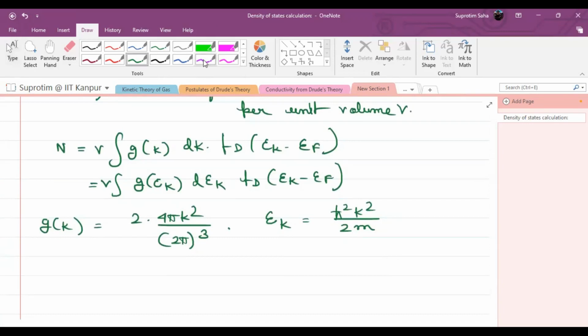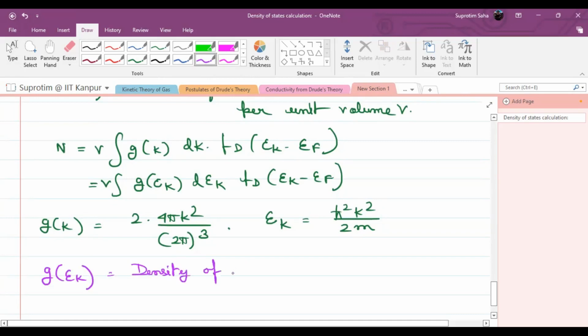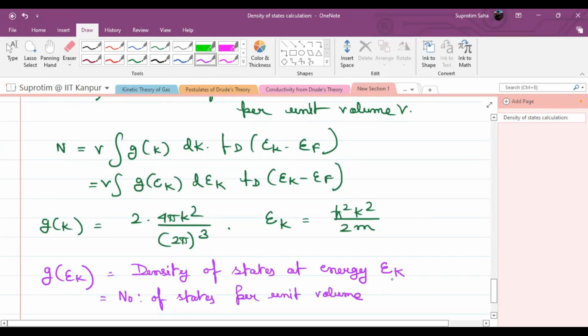So formally, I should write the definition of g of epsilon k also, which is the density of states at energy epsilon k, which is given by the number of states per unit volume, per unit interval of energy.